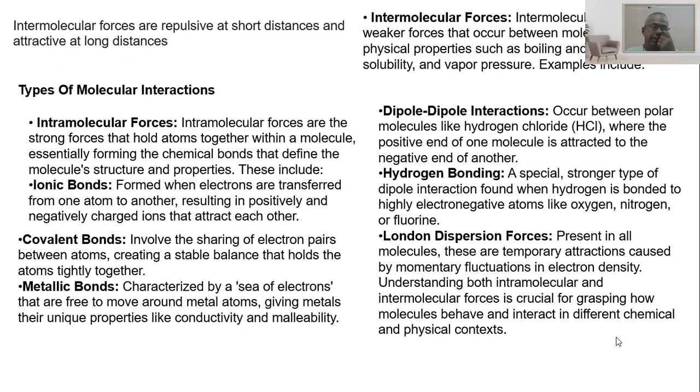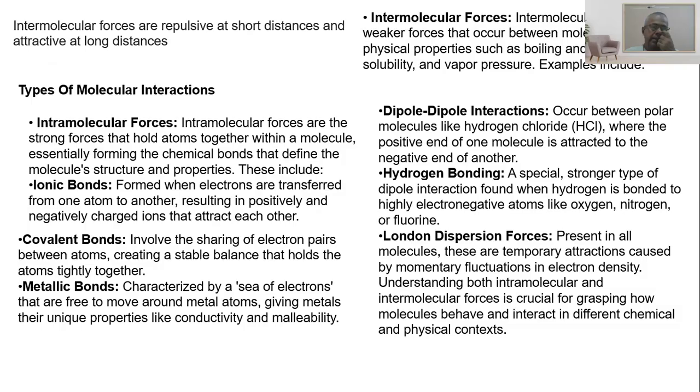And the first one is intramolecular forces, and the second one is intermolecular forces. What is intramolecular? Intra means two atoms together within a molecule. And this essentially forms the chemical bond that defines the molecular structure and property.